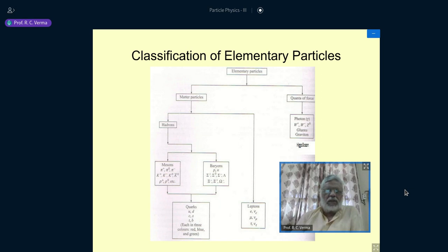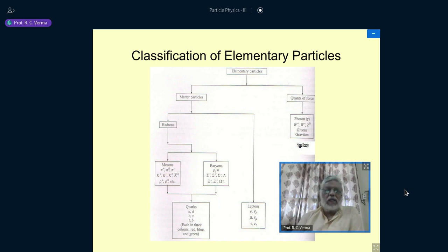So with these mesons and baryons, as I mentioned yesterday, we have a very large number of them, several hundred, and there are reasons to believe that they are not point-like, they are not the fundamental particles. So they are made up of another layer, and that layer is of quarks. This idea came around 1962, and onward we have 6 quarks.